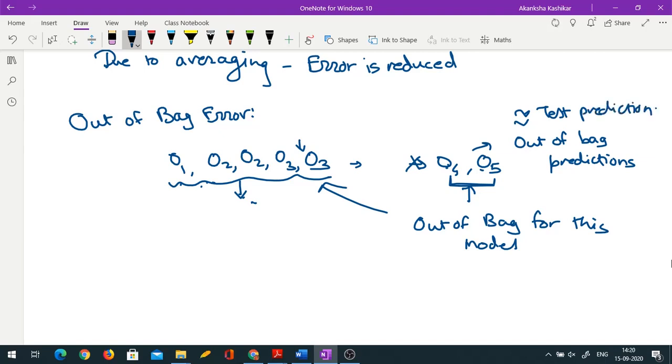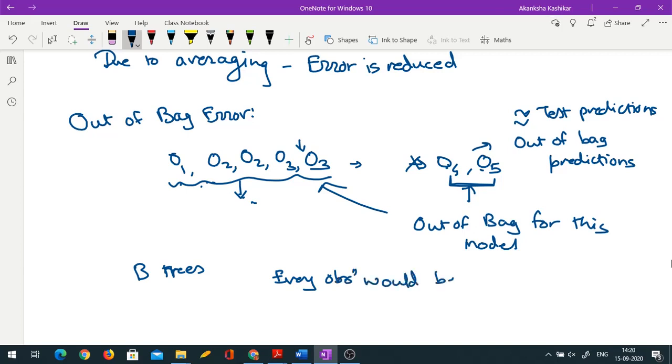Okay. So, such type of out of bag observations or out of bag predictions would be used to get an estimate for test error. If you have B trees, it has been proved that generally every observation would be out of bag for roughly 1/3 of the trees.